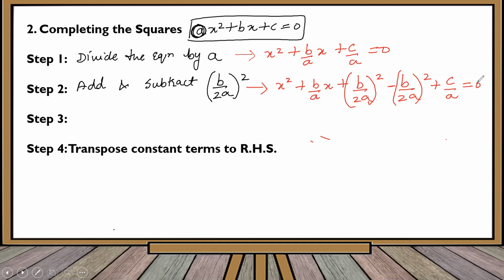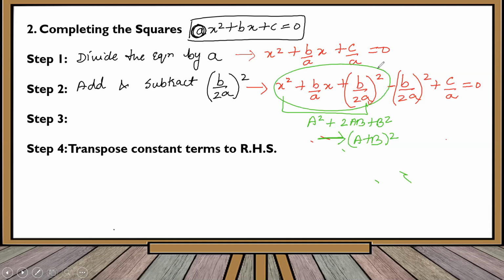Right? Now, if you observe the first three terms of this equation, the first three terms are basically in the form of an identity, that is a square plus 2ab plus b square. And we know this identity is equal to a plus b whole square, right? So now in this case, when we take these three terms, your a is equal to 1 and b is equal to b upon 2a.